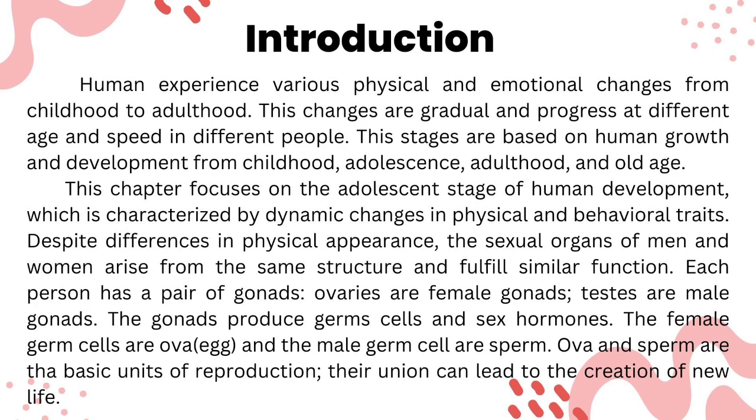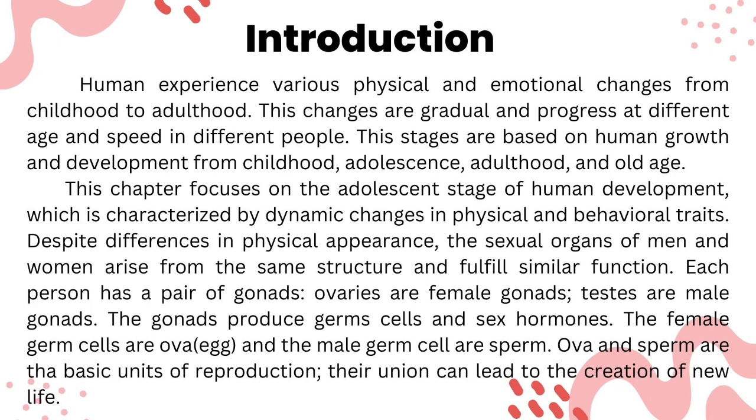And each person has a pair of gonads. A gonad is an organ that produces, either testes or ovary. Ovaries are female gonads while testes are male gonads. The gonads produce germ cells and sex hormones.